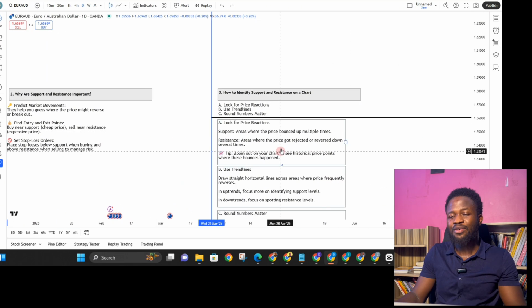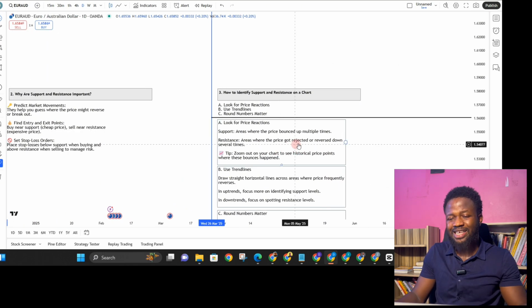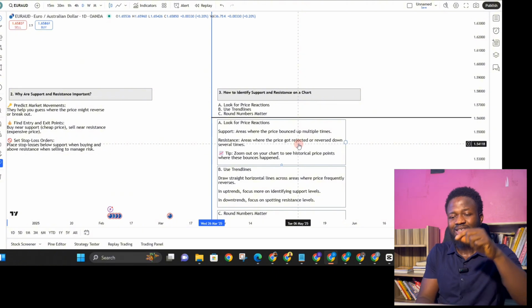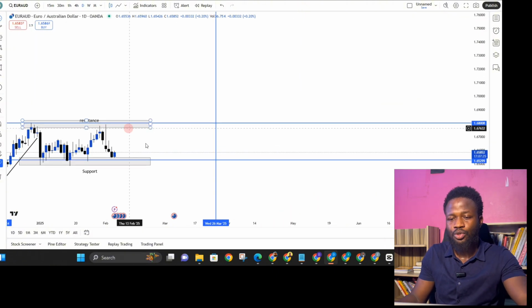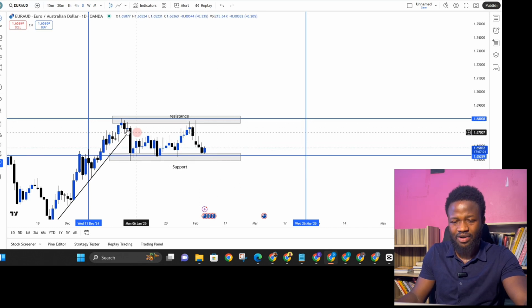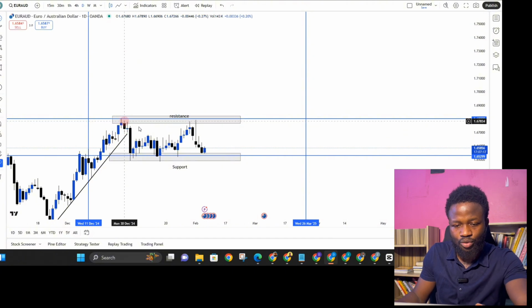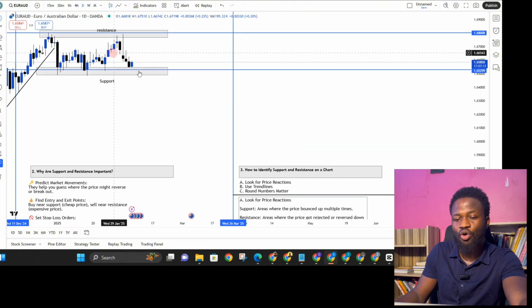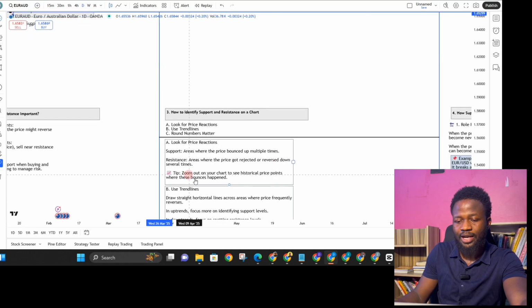And resistance is an area where the price got rejected or reversed down several times. So here, what happened? The market reversed down several times. Look at each candle: 1, 2, 3, 4, like 4 times it bounced off that price, right?